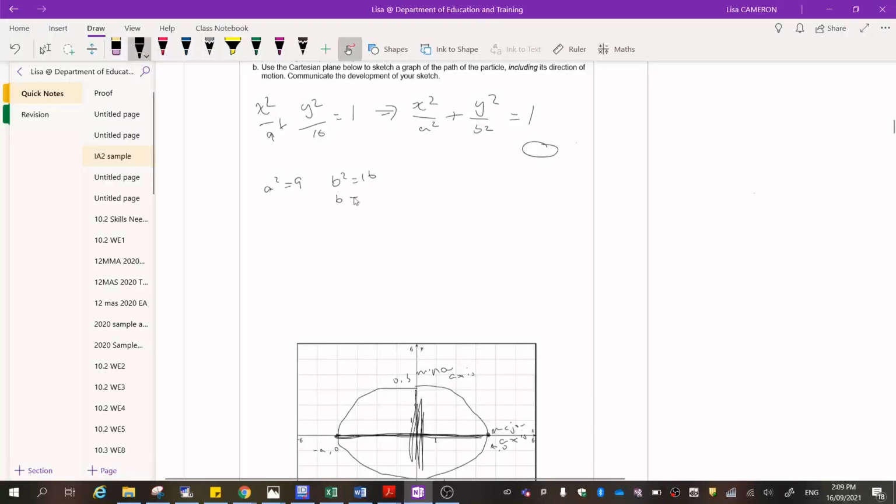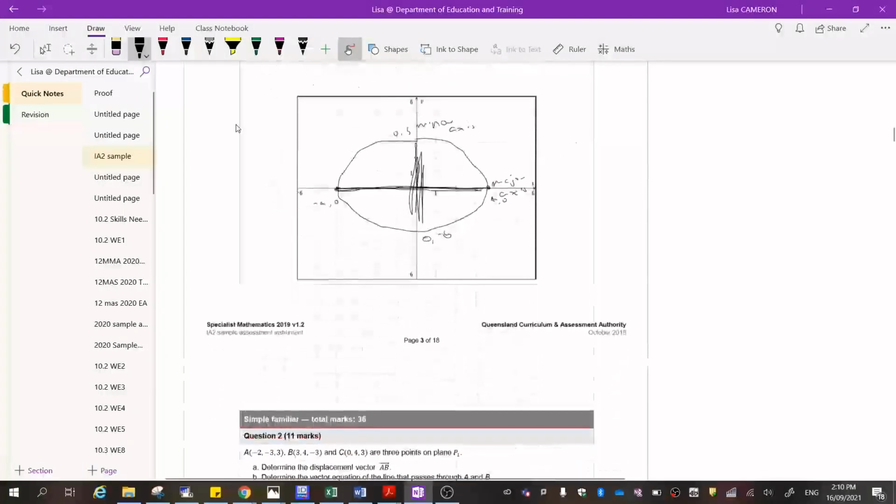You can see that b is equal to the square root of 16, which equals 4, and a is the square root of 9, which equals 3. So obviously negative a and positive a, so we've got negative 3 and positive 3, and with b we've got your negative 4 down here and your positive 4 up there.